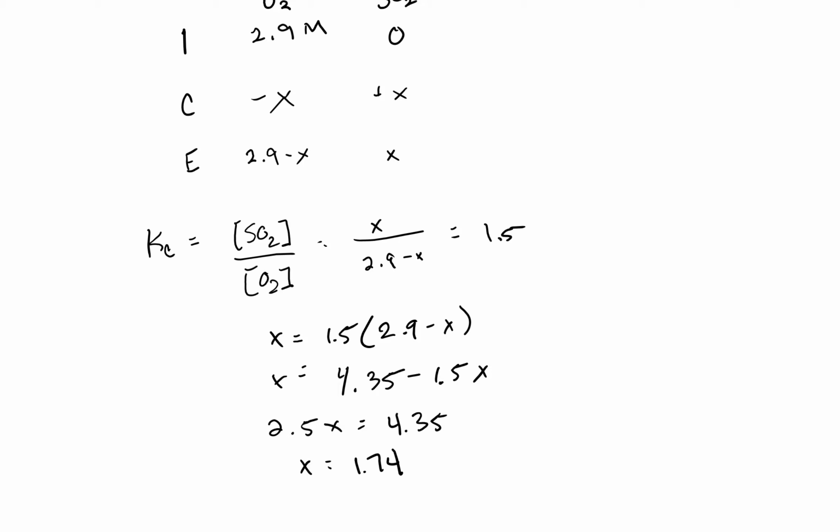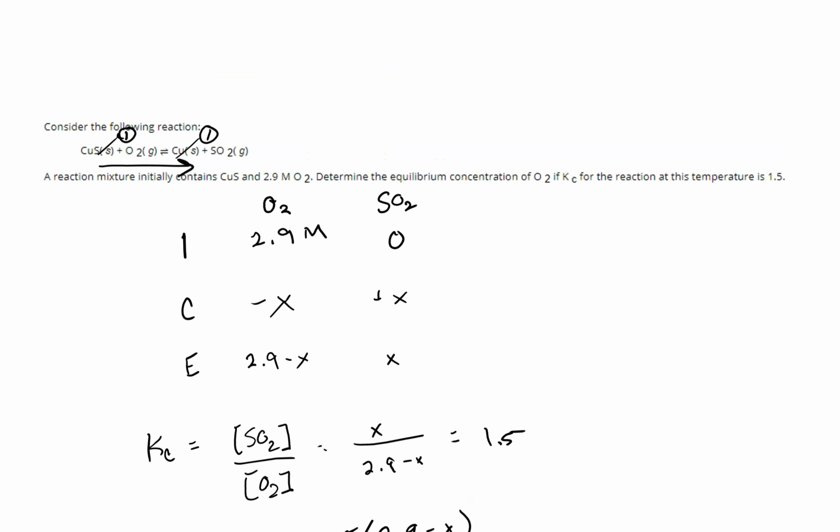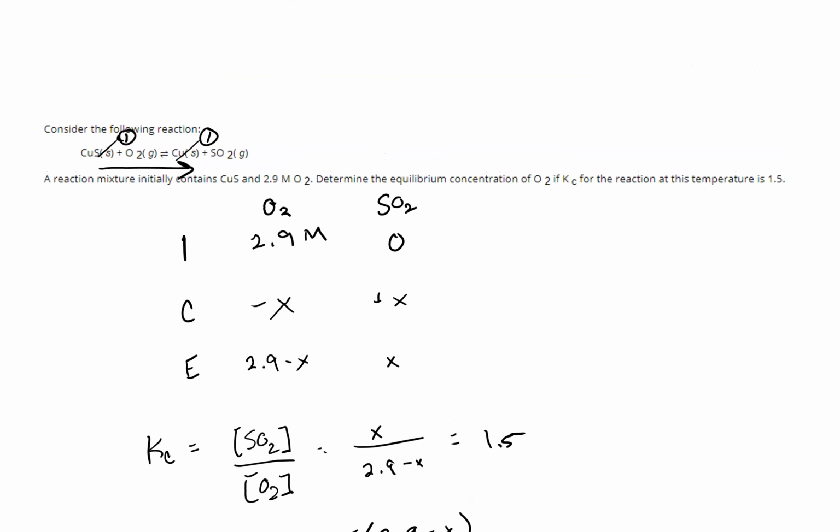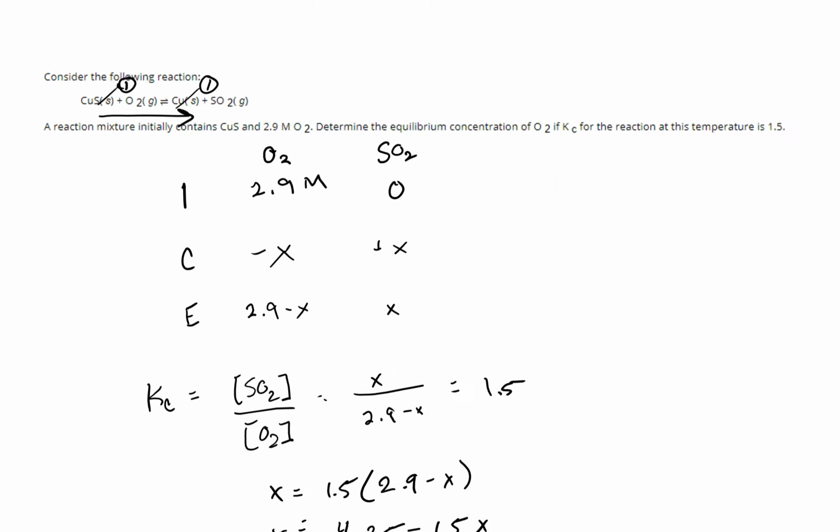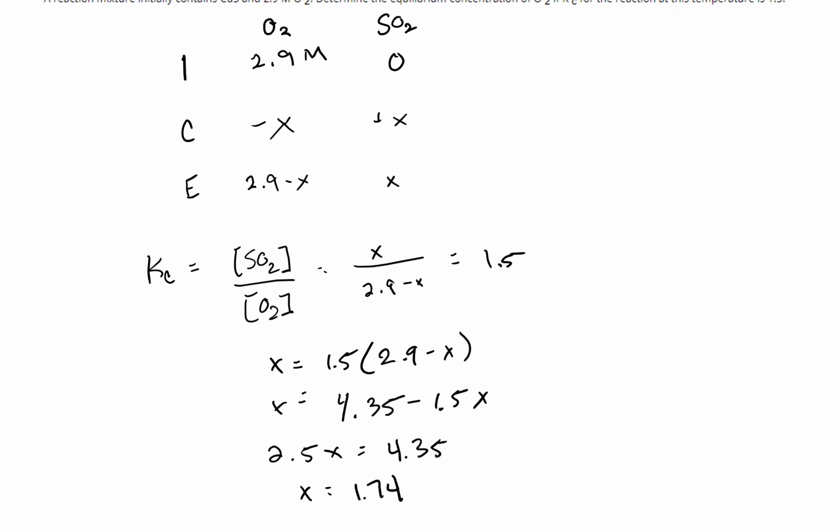So this is really close to the answer, but this is not the answer we are seeking, because this is only the value of x. And the question was, determine the equilibrium concentration of oxygen gas. And the equilibrium concentration for oxygen gas is not x, it's 2.9 minus x.